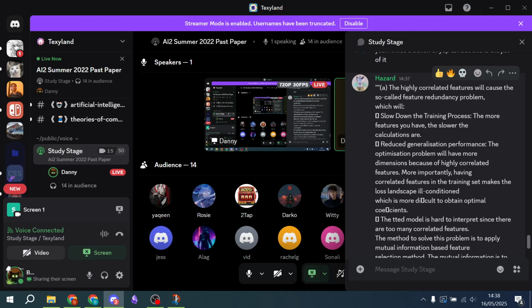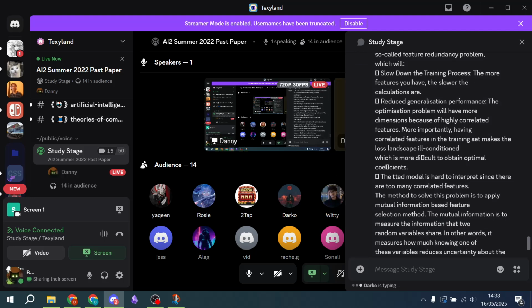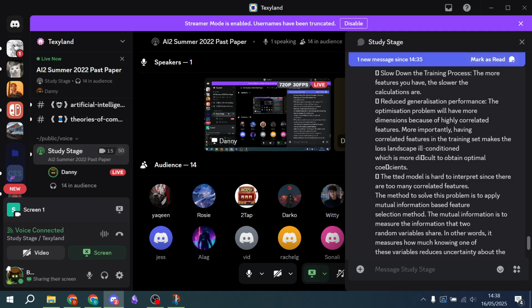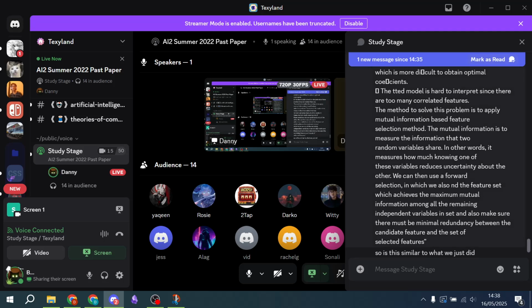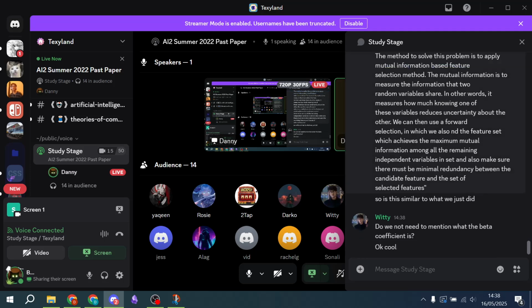Slower, that's the only thing I could think of, really: if you have more features that are unnecessary, it's slower to calculate. And yeah, it won't generalize as well, so the model just isn't as good. Fitted model, hard to interpret, because there's too many features. Oh, and the rest is... Yeah, okay.